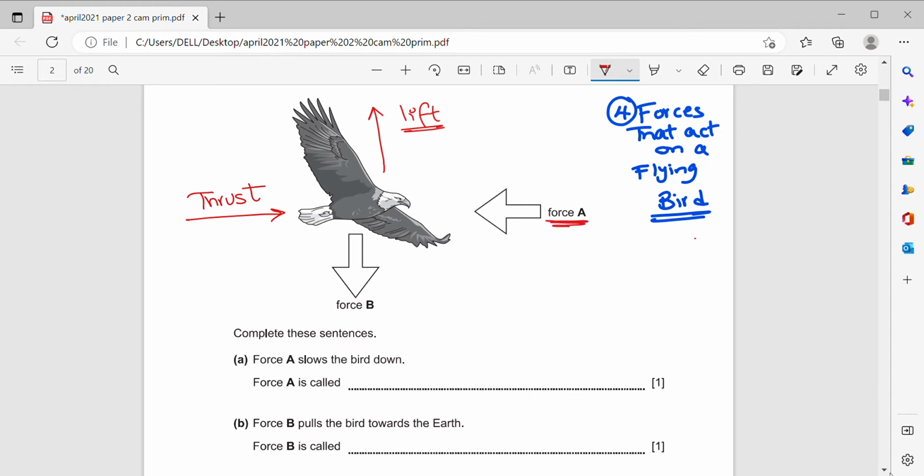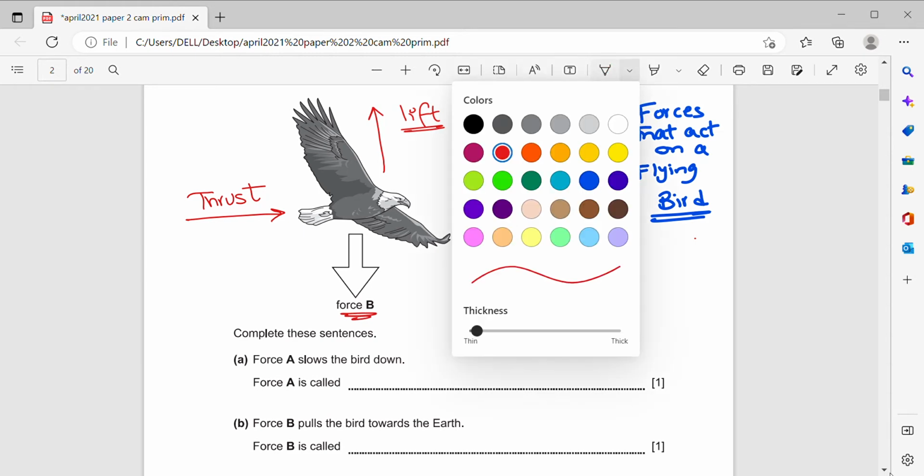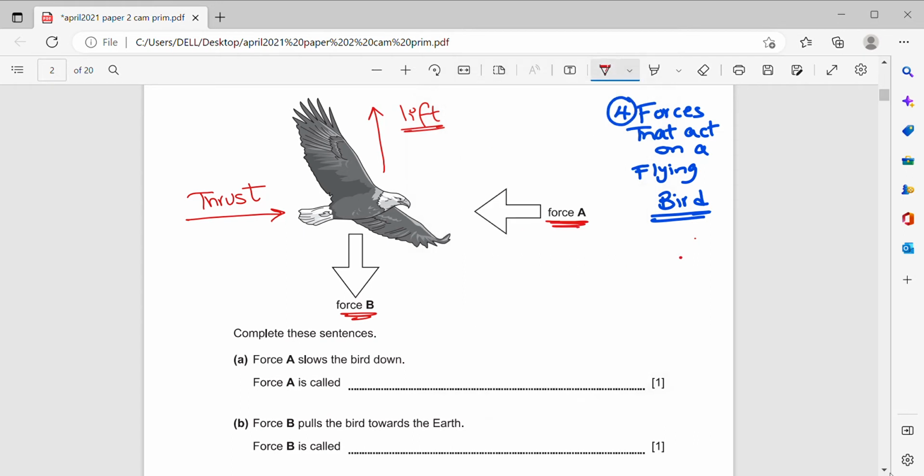Okay. Then there are 2 forces that oppose the bird. We have force A and force B. Force A slows the bird down. Force B pulls the bird towards the earth.